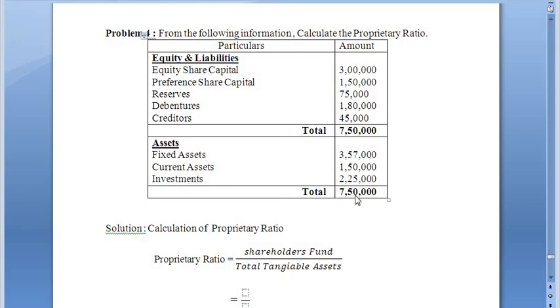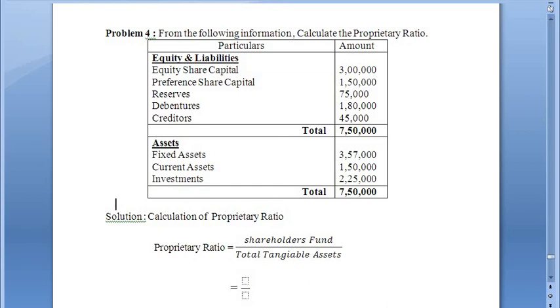So this is the information available. Next line, write solution, calculation of proprietary ratio. What is the formula of proprietary ratio? Proprietary ratio is equal to shareholders fund divided by total tangible assets.